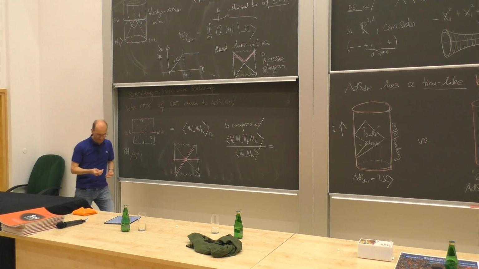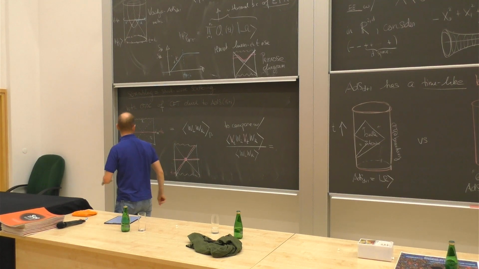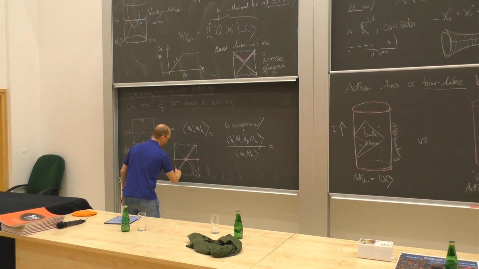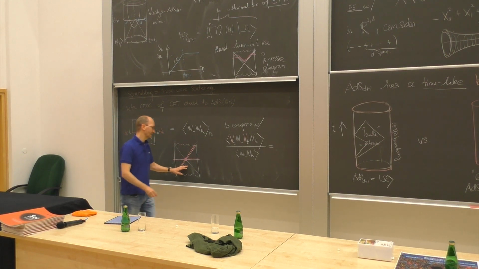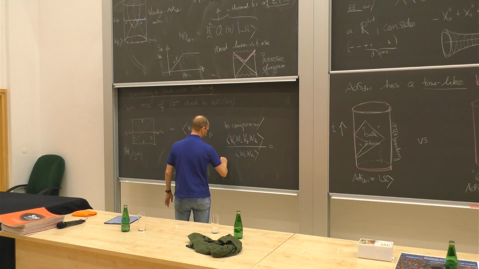And the way that you calculate it, which was done in the 80s by 't Hooft and later again by Veneziano, is that this is what people would call a gravitational shock wave collision. So by the time you go into the center of mass frame of this collision, it becomes a shock wave collision.